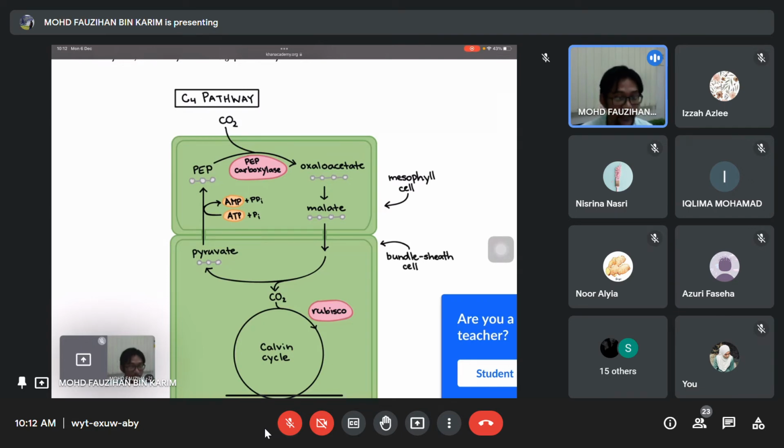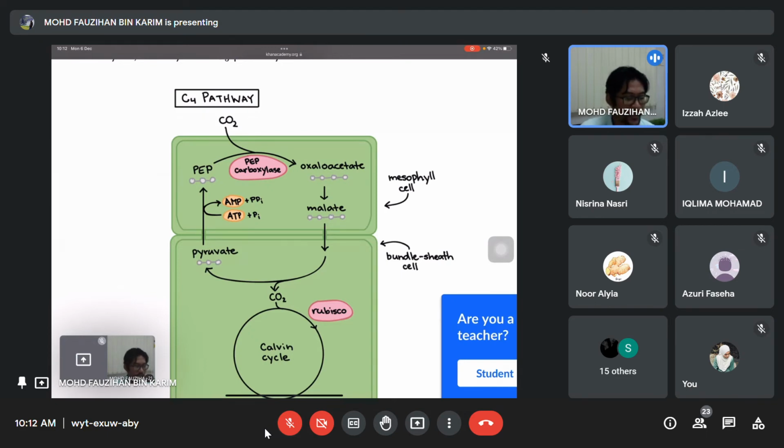That's why the enzyme is called PEP carboxylase. If it could bind to oxygen, the name would be different, it would be phosphoenol carboxylase and oxygenase. But because the enzyme can only fix carbon dioxide, the name is PEP carboxylase.